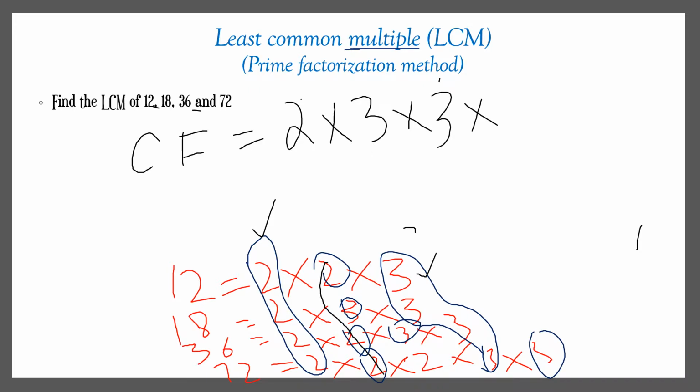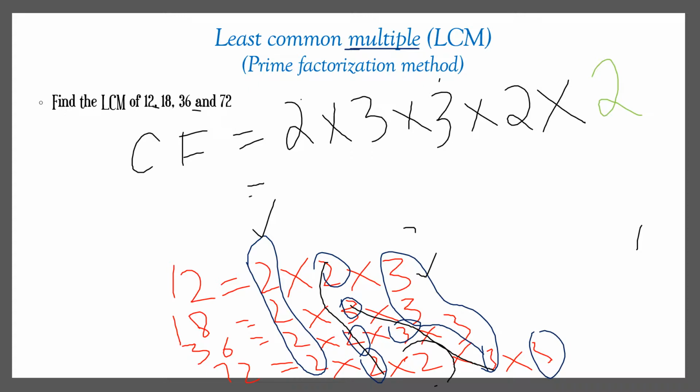And this 2 is again common. So 2. We have written. Okay. And this 2 is left, which is not common, so we'll write it also here, because while finding LCM by prime factorization method, we multiply all the common and uncommon factors, but we write common factors only once.